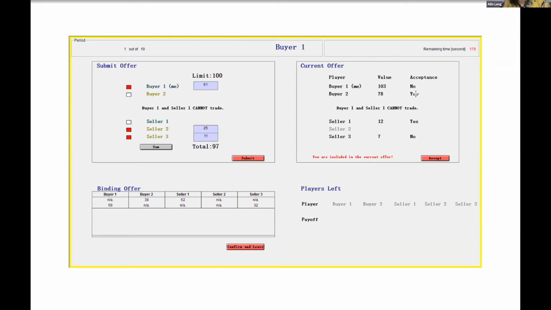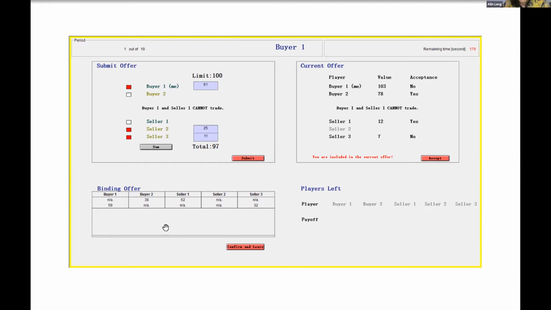If everybody included in the current offer clicks the accept button, this current offer is removed from the current offer box to the binding offer box. And if a player has a binding offer here, he can confirm the payoff in the binding offer and leave the game.